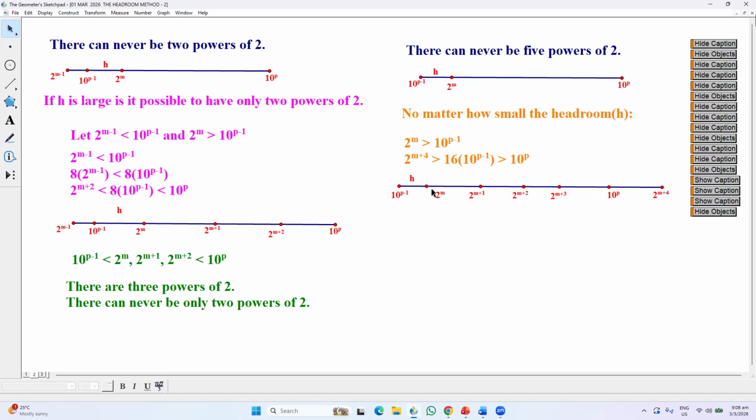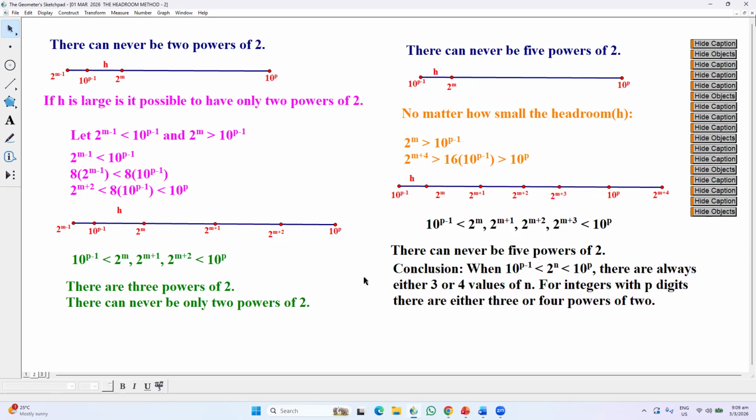So we have up to 4 powers of 2 inside the interval. There can never be 5 powers of 2. So the 4 powers of 2 are 2 power m, m plus 1, m plus 2, m plus 3.